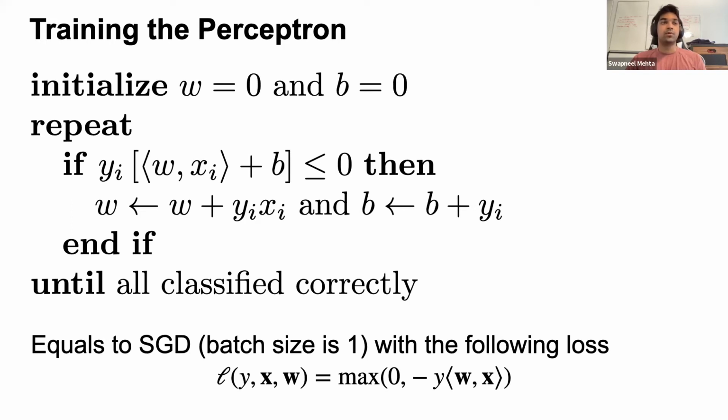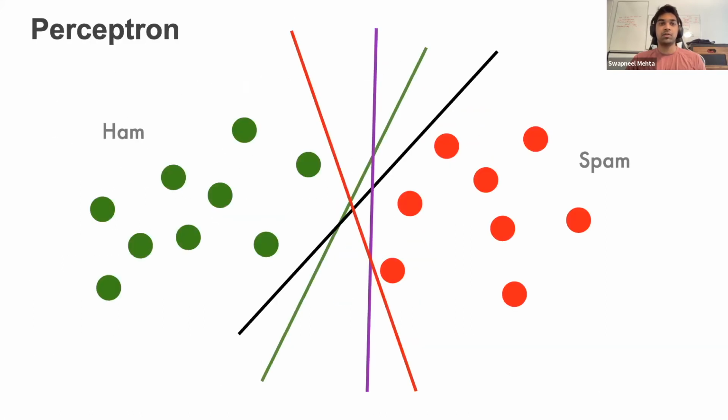Cool. So let me go back one slide to answer the question asked before this. There was a question that said, in this specific application, should we not aim at reducing false positives? Which is why I said purple. Erring on the safer side, basically. Yes, you're erring on the safer side for green, but for red, you're not erring on the safer side. For red, you're actually doing much worse than you could have been doing. So when you say maximum margin classifiers, you want to maximize the margin to all classes. You don't want to maximize the margin to one of the classes and minimize the margin to the other classes.